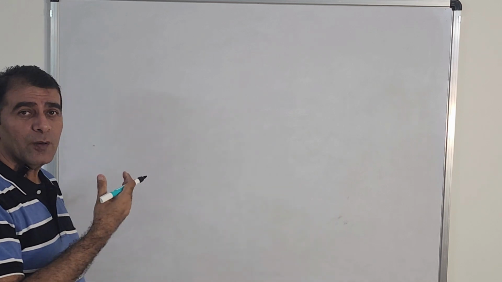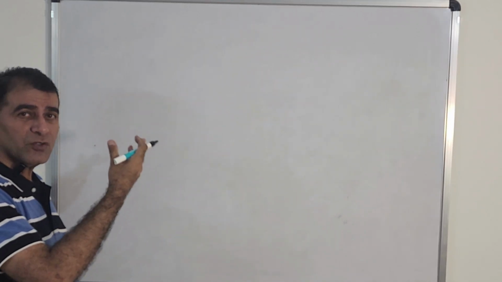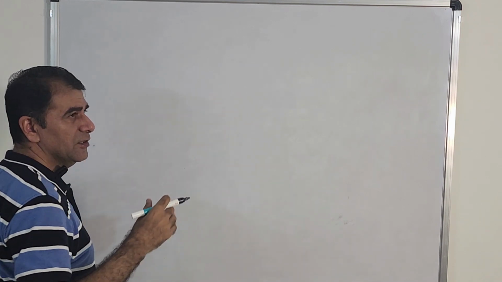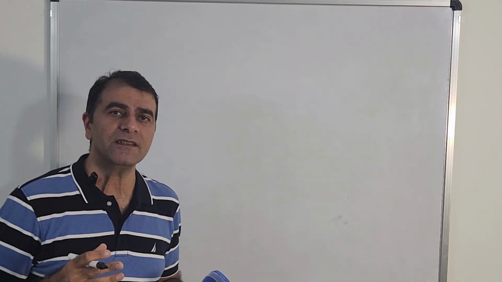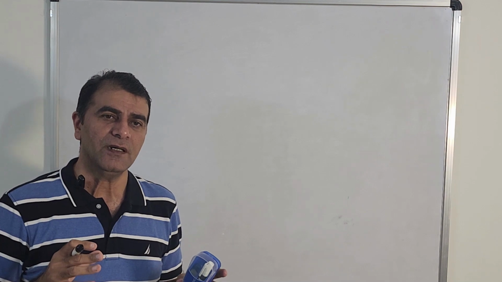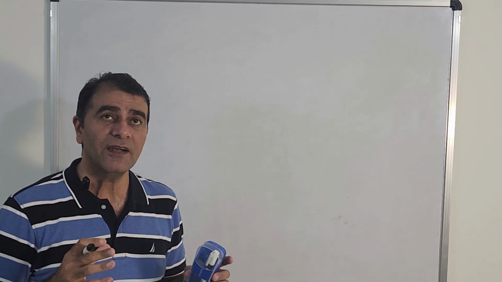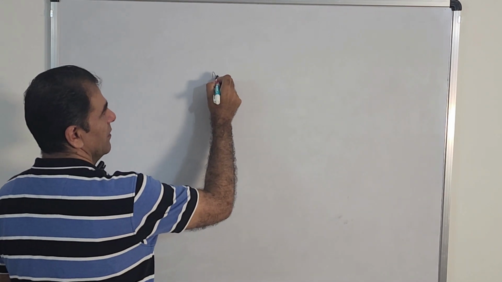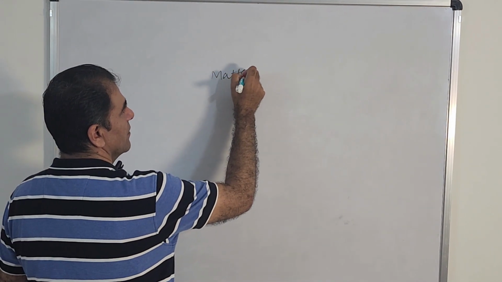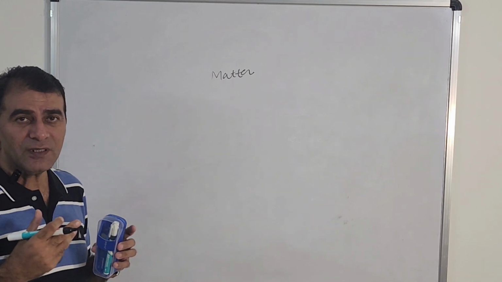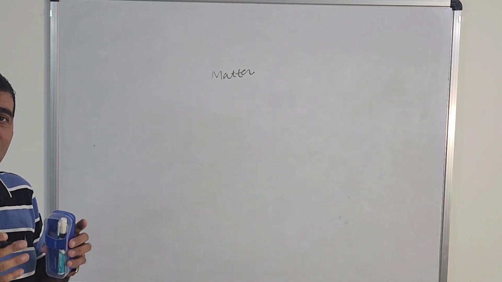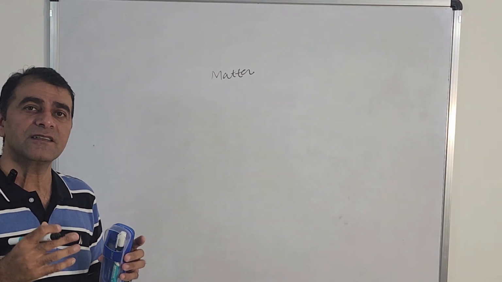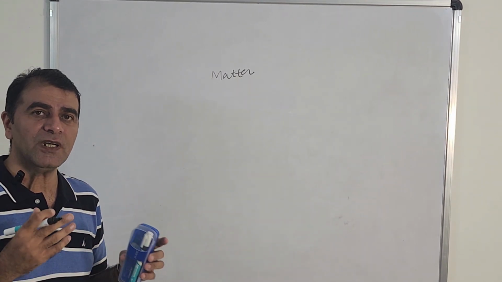What is actually happening during that process is very simple. You know that in this whole universe, everything is made up of atoms, and whatever you see in this universe is called matter. Matter is anything that occupies space. Now I'm going to tell you the physics behind frictional electricity, static electricity, or electrostatics.